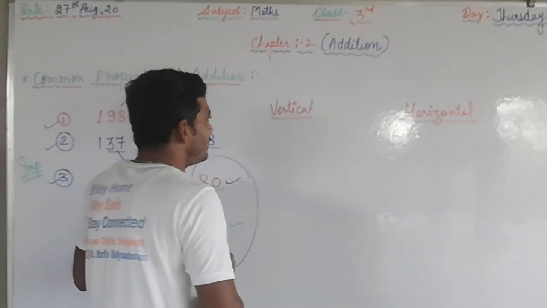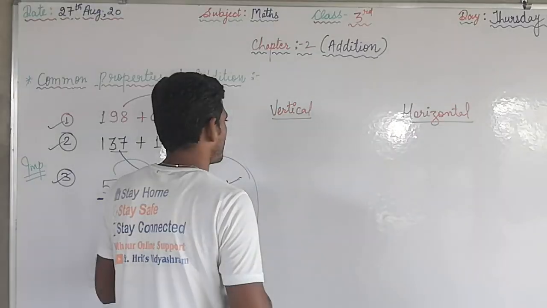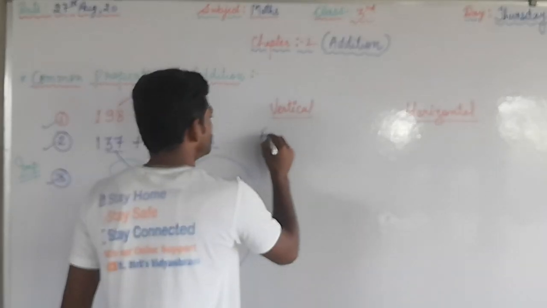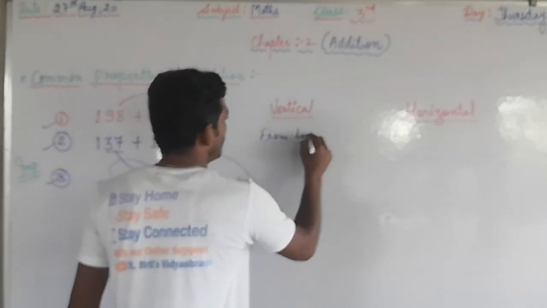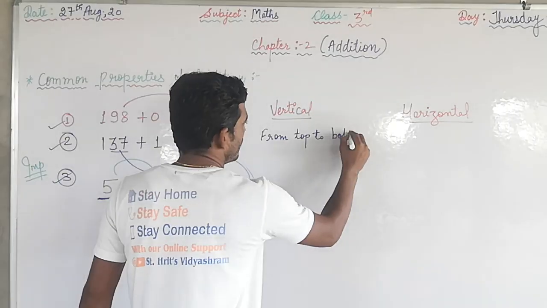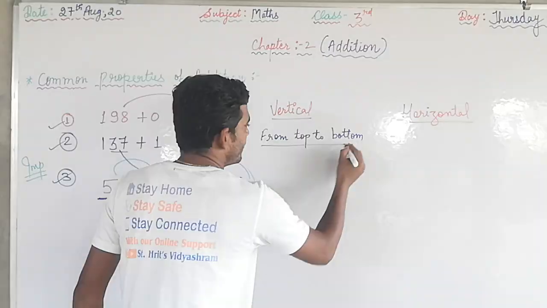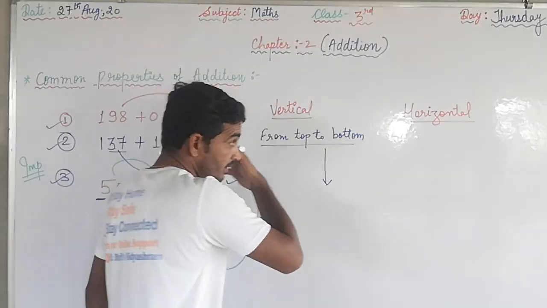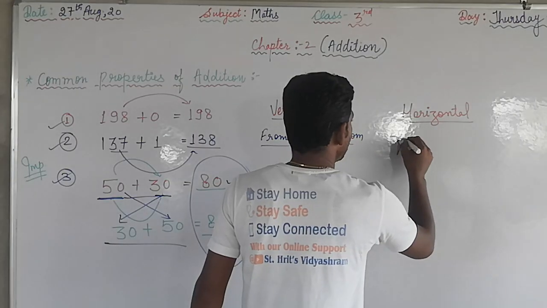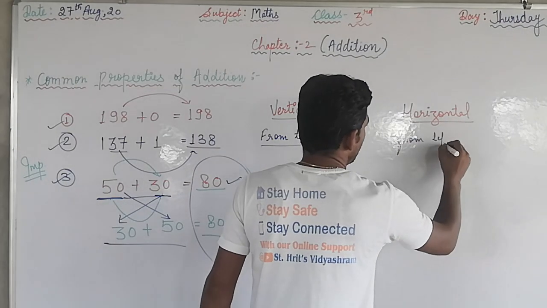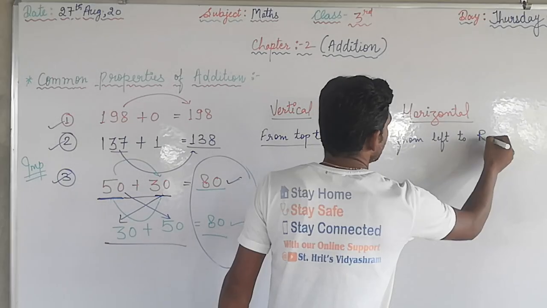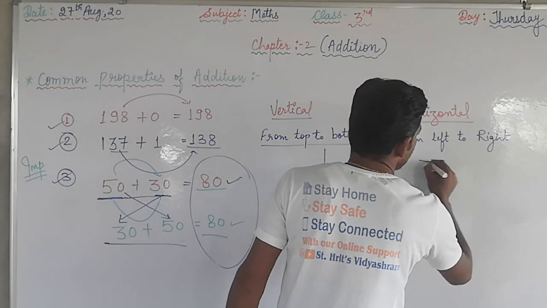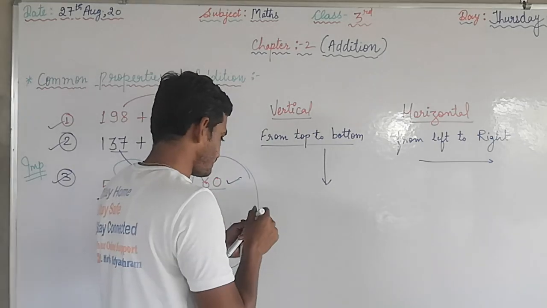See here, vertical pattern means from top to bottom. Okay, like this. And horizontal means from left to right, like this.